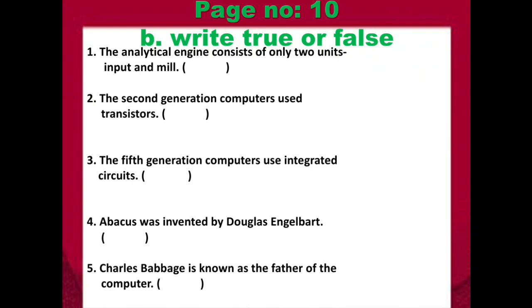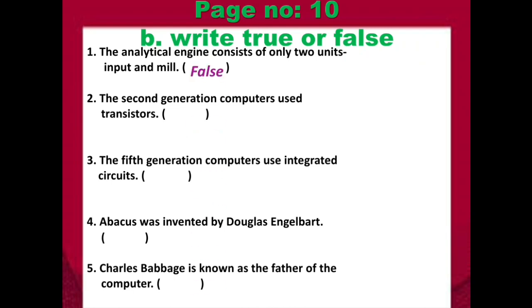But we know the analytical engine has 5 units: input, output, mill, control and store. In the question they say only 2 units, so the statement is false.